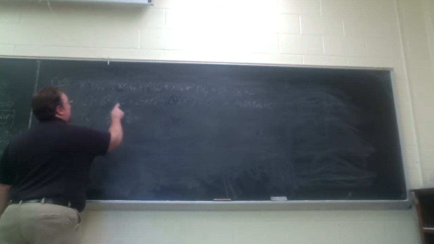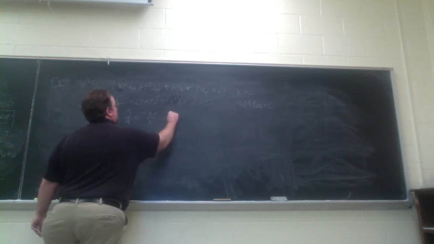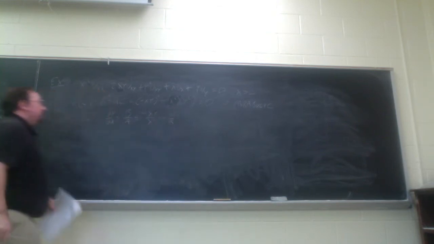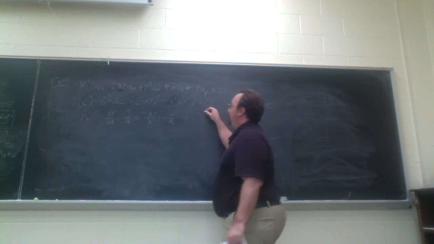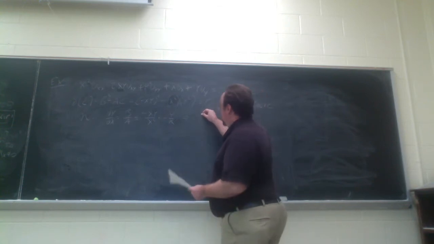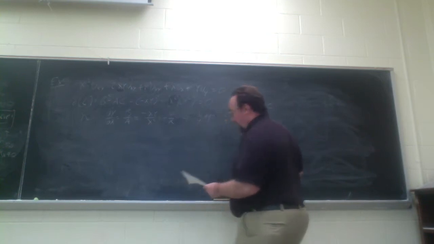So b in this case is minus xy over a, which is x squared. So we just get minus y over x. Now, this is a separable ODE. So if I treat this like any other separable ODE, what we get is 1 over y dy equals minus 1 over x dx.